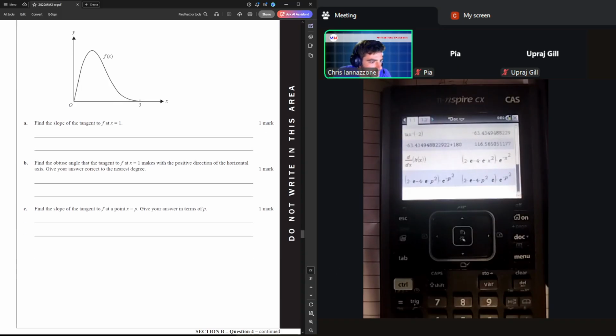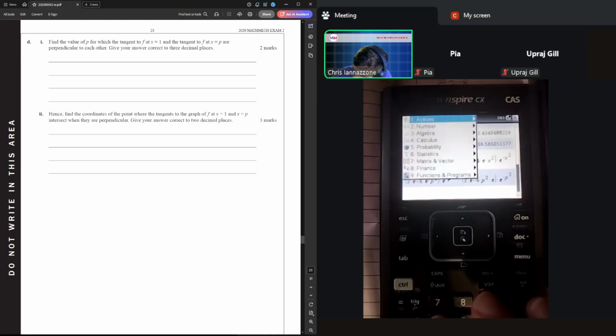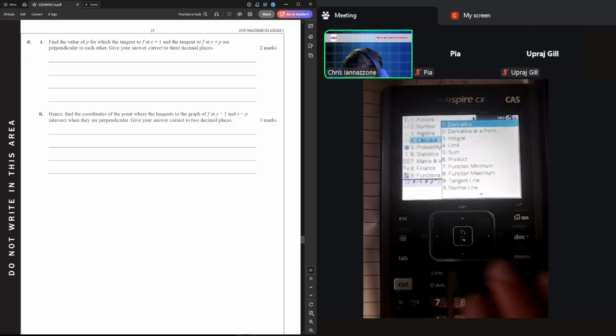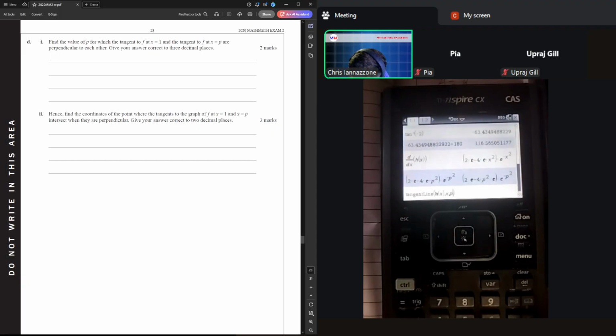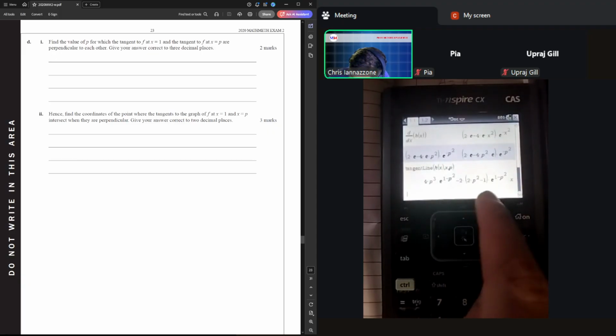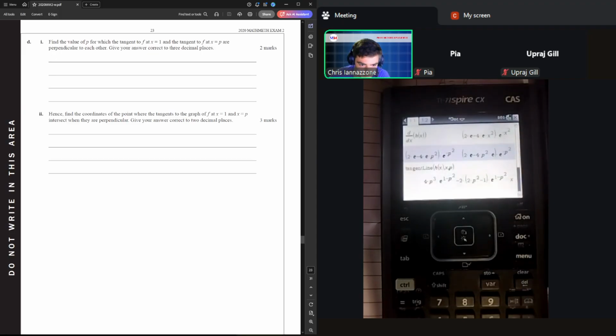The other, which I typically default to, would be to get the tangent line. So go to the CAS tangent line function and then read it off of that. So comma x, comma p, and then you just read off of the gradient term. Those are going to be the same thing.